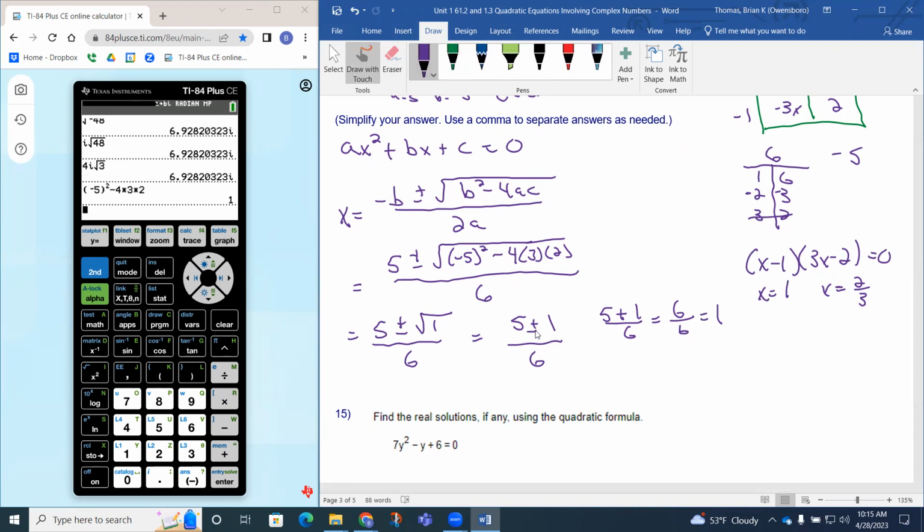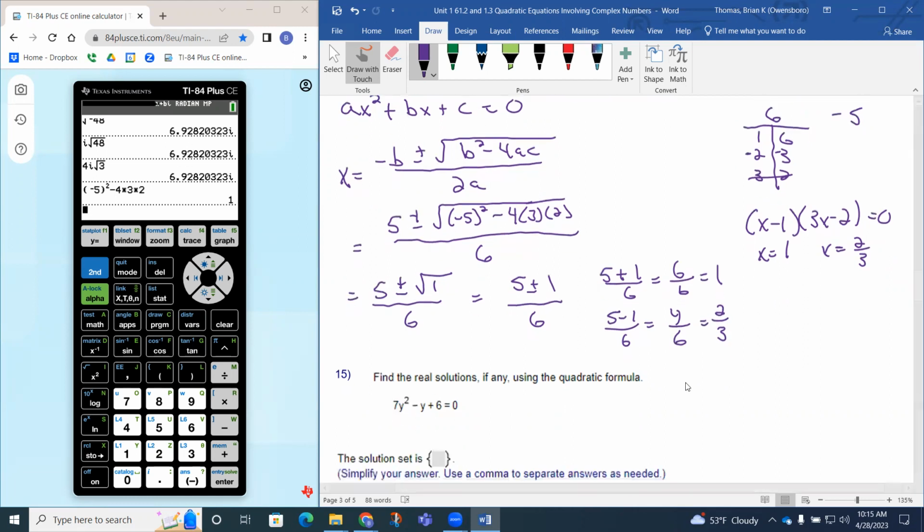So the next thing I have to do is go 5 minus. So 5 minus 1 over 6. That's going to be 4 over 6. And notice that 4 and 6 both have a common factor of 2 in them. You can divide that 2 out. So that leaves you a 2 on the top, and 2 goes in 6 3 times. That leaves you 2/3. Again, you could put 4/6 into your calculator, or you could put 5 minus 1 over 6 in your calculator if you wanted to.